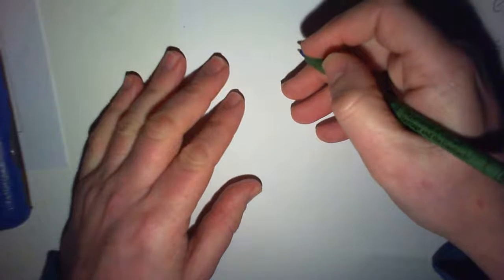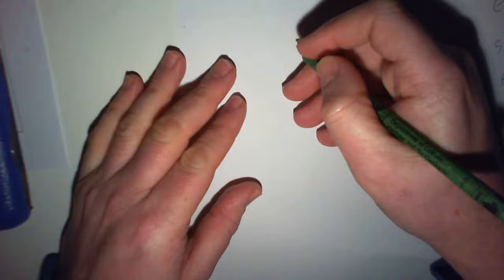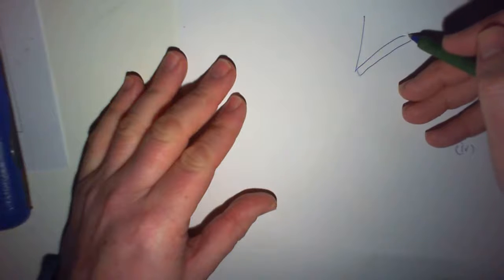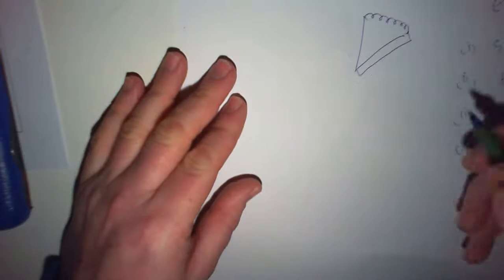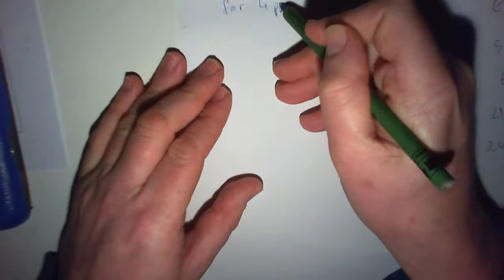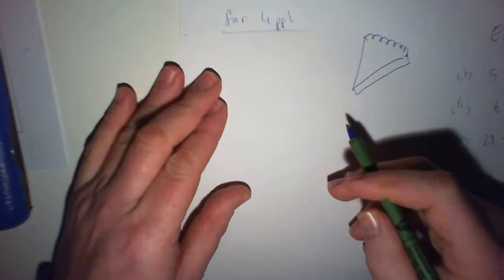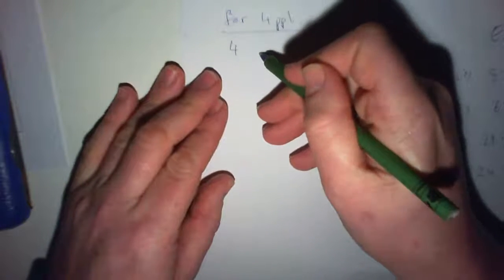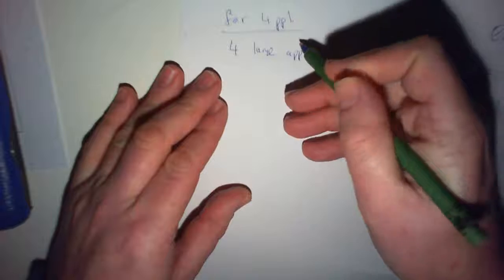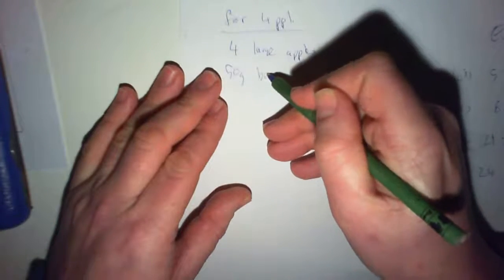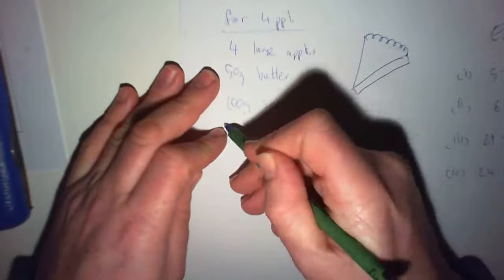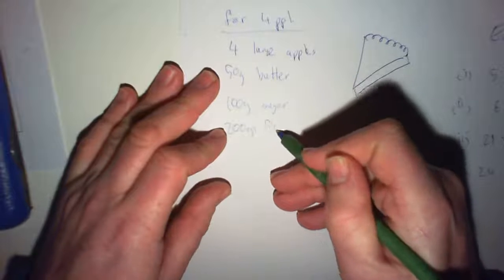So let's have a look. So here's a recipe for a cake, okay, for 4 people. This recipe is for 4 people. 4 large apples, must be an apple tart or something. 50 grams of butter, 100 grams of sugar, and 200 grams of flour.